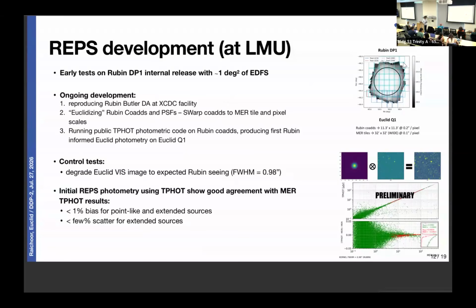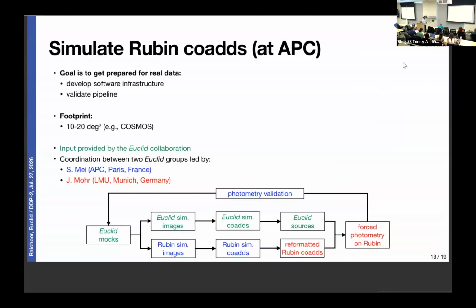They also do simple tests: you take the Euclid image, degrade it to the Rubin seeing, do photometry on that, and see if you recover the input. It's a sanity check, but so far it mostly works with good precision.